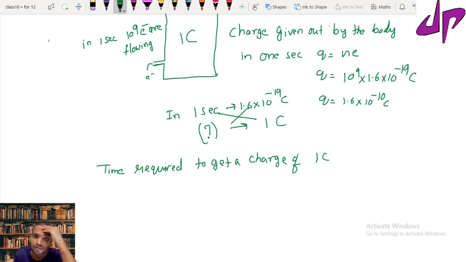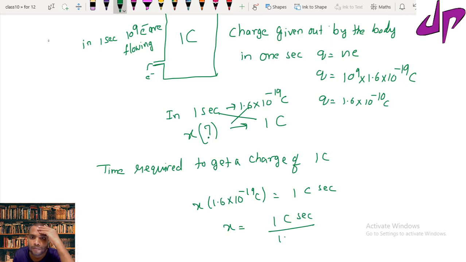If we take the time as x, then x times 1.6 times 10 power minus 10 coulomb equals 1 coulomb times 1 second. So x equals 1 coulomb second divided by 1.6 times 10 power minus 10 coulombs.